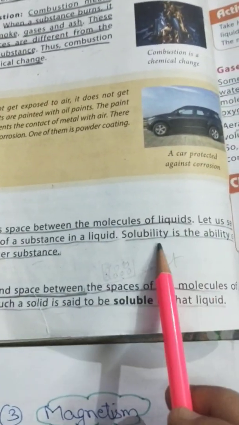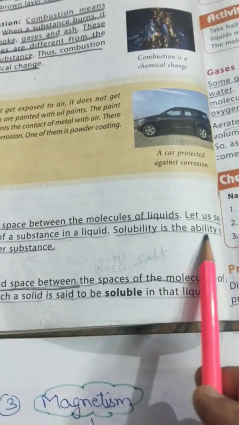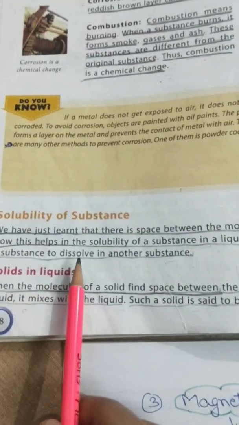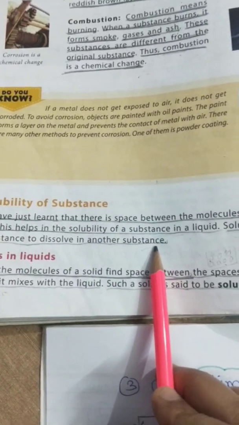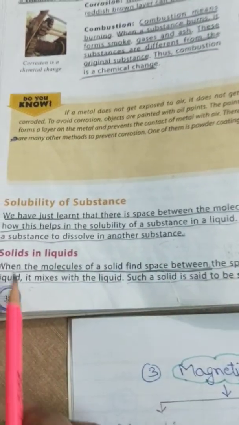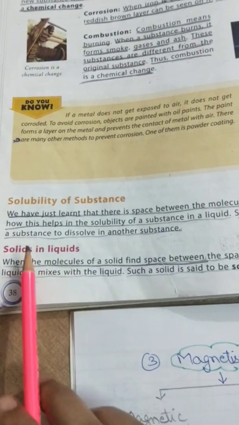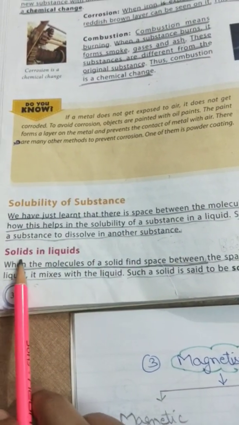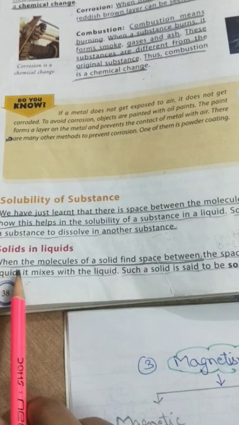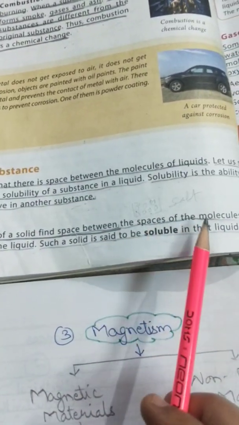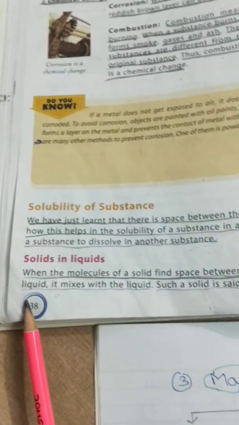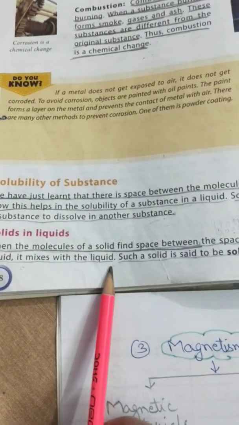The definition of solubility is the ability of a substance to dissolve in another substance or in another liquid is known as solubility. Now solids and liquids. How is the solubility there of solids and liquids? When the molecules of the solid find a space between the molecules of liquid, it mixes with the liquid.